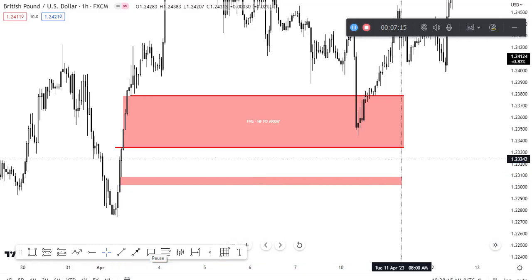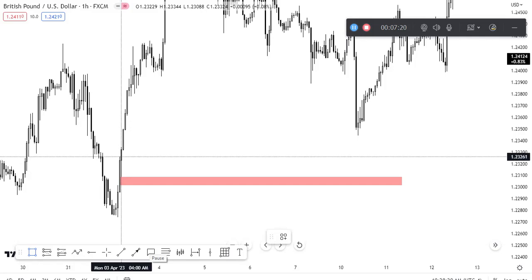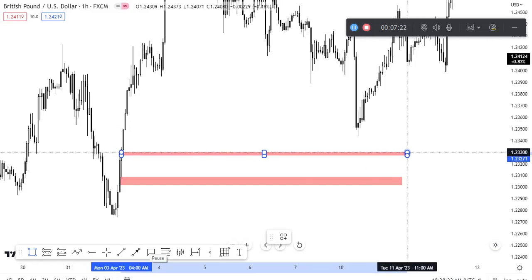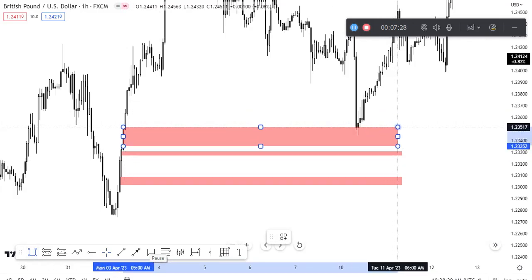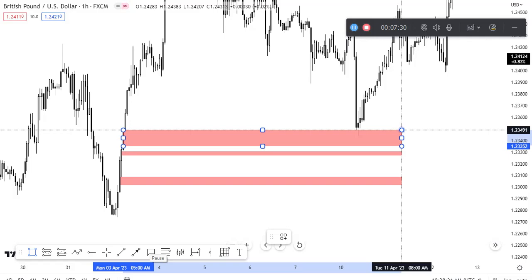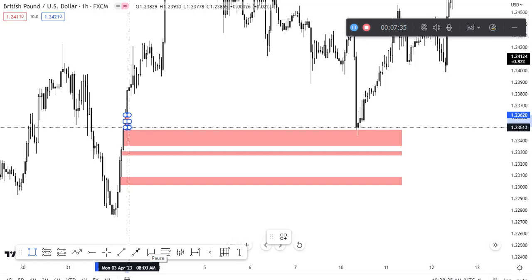This would be identified as a fair value gap. This would be identified as a fair value gap. This would be identified as a fair value gap, a PD array, same as this.